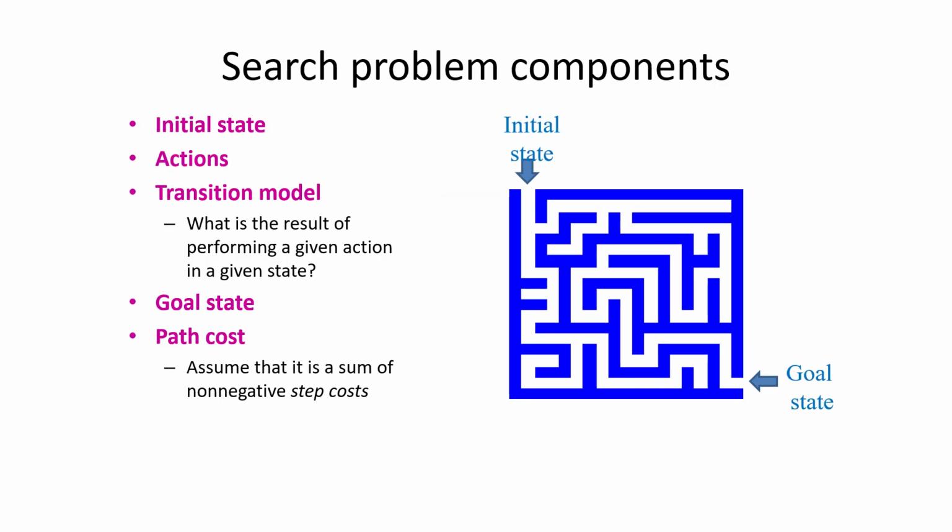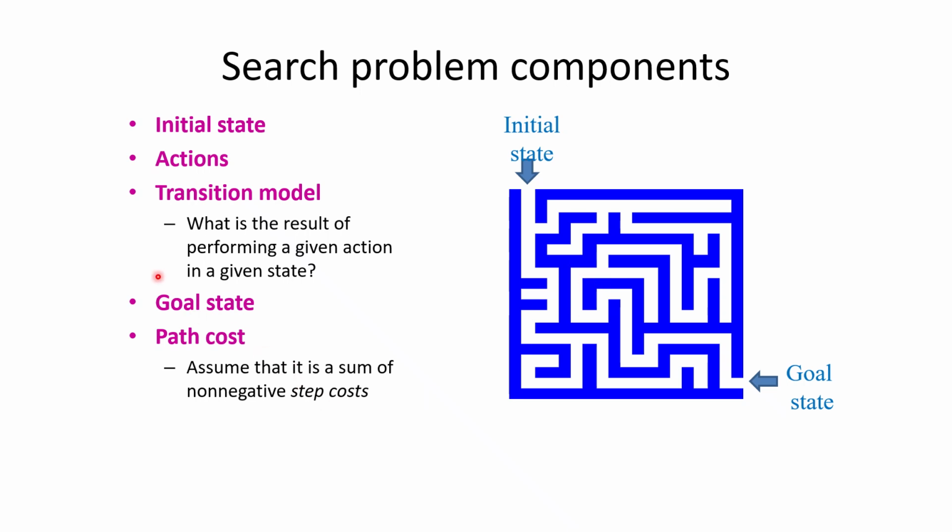A search problem is defined by a few essential components. First, we have the initial state, which represents where the agent begins. Next are the actions, the possible moves that the agent can take from any given state.